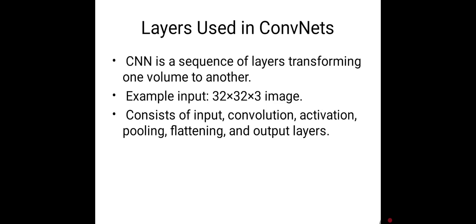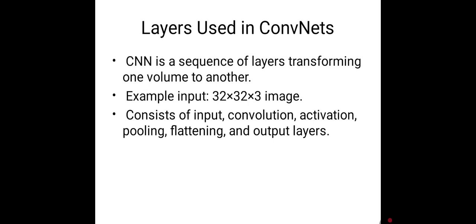Next are the layers used in convolutional nets. A convolutional neural network has a sequence of layers, each transforming one volume into another. For example, if our input is a 32 into 32 into 3 RGB image, the network will pass it through a series of layers such as convolutional layer, activation function, pooling layer, flattening, and fully connected layers.